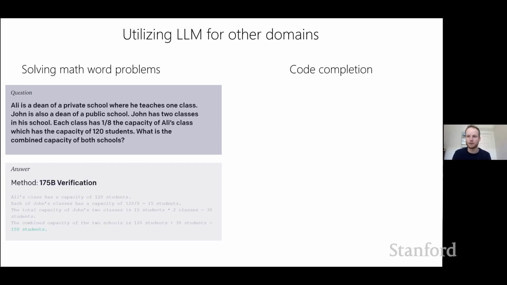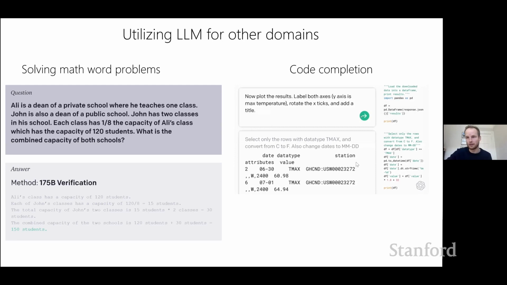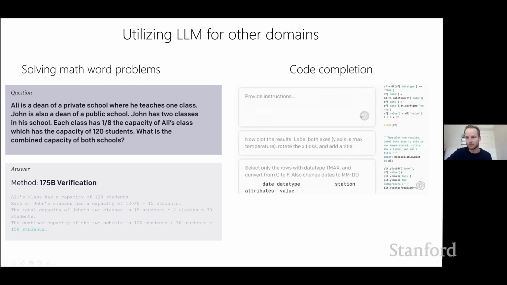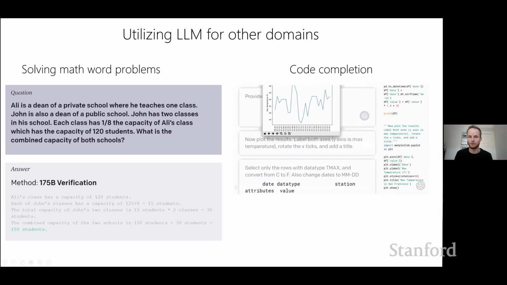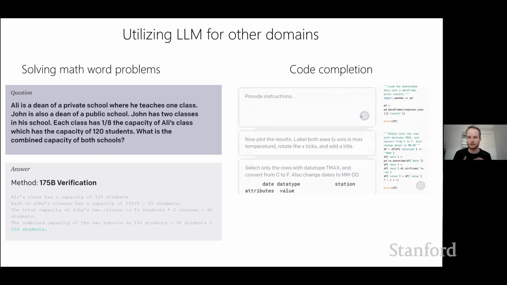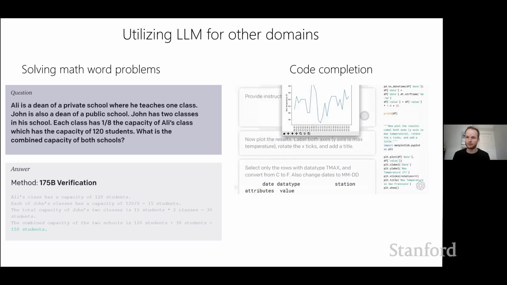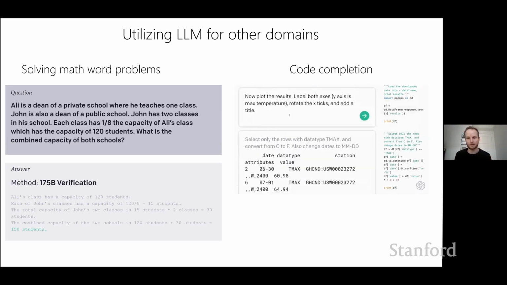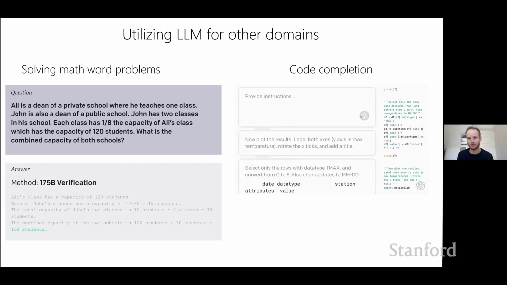At OpenAI, they've also shown some applications of large language models to something like code completion, where they introduced a tool called Codex, where you can specify the instruction that you would want the model to help you with, to specify the code for. Then that instruction is changed to look like a comment. So they take the prompt and put it as the comment for a Python code that will be generated.